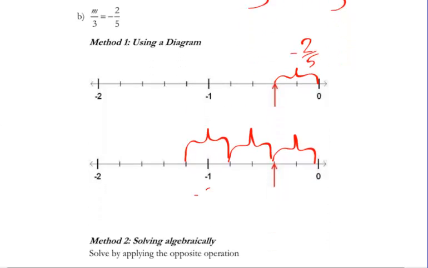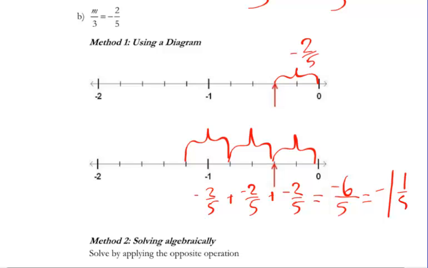Here's -2/5 plus -2/5 plus -2/5 gives us, now remember when we're adding and subtracting fractions, the denominators must be the same, which they are, but our answer also has the same denominator. So -2 plus -2 plus -2 is -6, or -1 1/5.